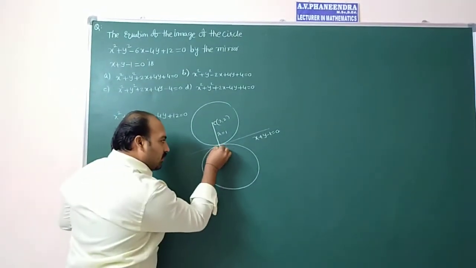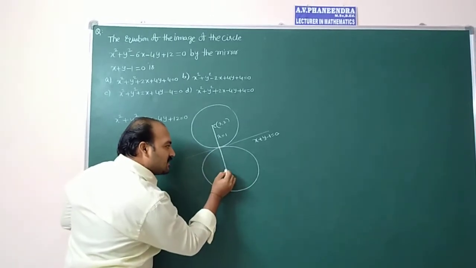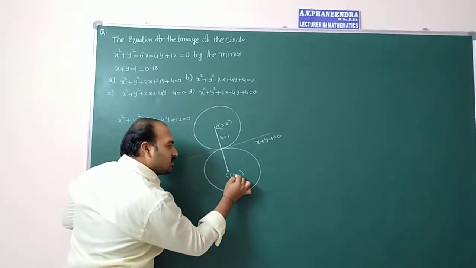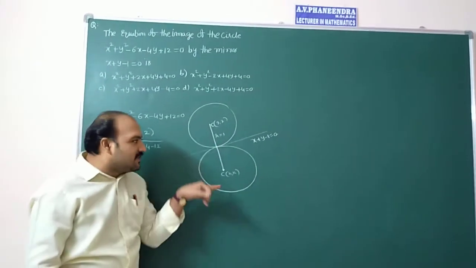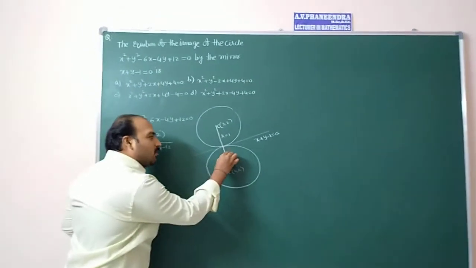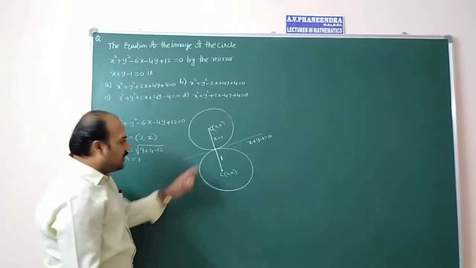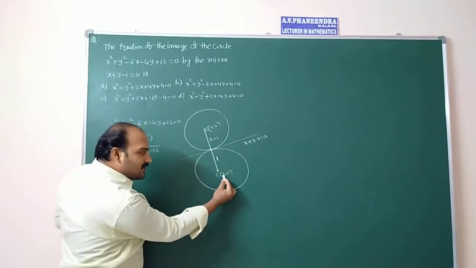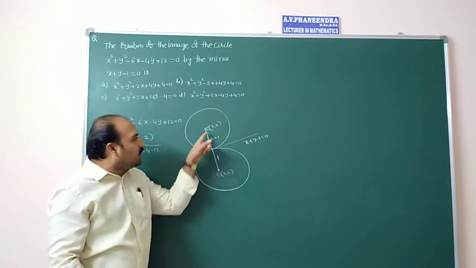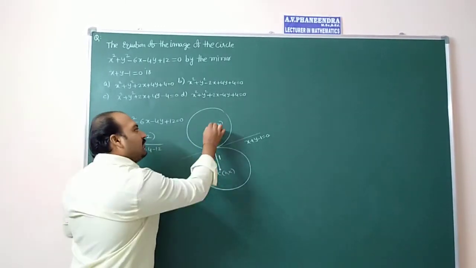So here we don't know the center of this required circle. This center I am assuming as (h, k). Whenever it is a mirror of this circle, the radius is obviously equal to 1. So I need to calculate the h, k coordinates by using the given circle's center.